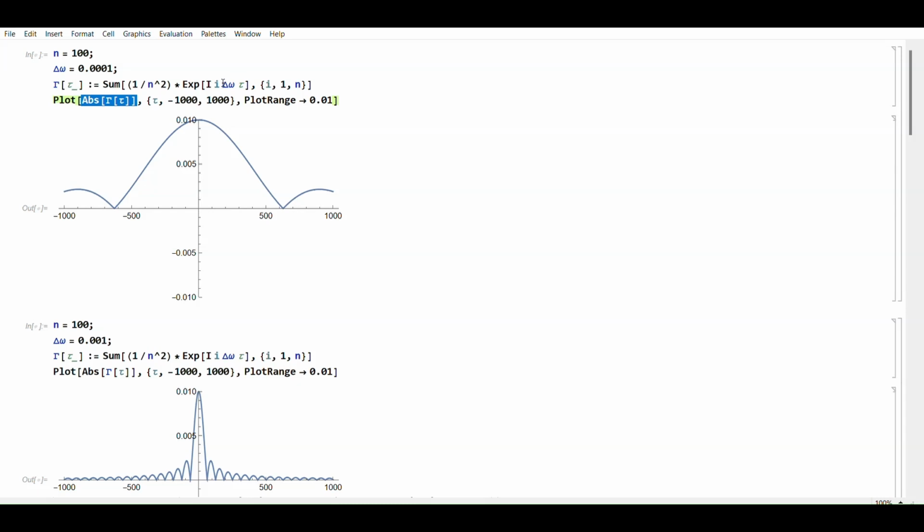So that is what I have over here, and mod a_n squared, we are given in our example as 1 over n squared, which is fixed. So it's a fixed number, and then we have exponential i omega_n tau, and omega_n we have is basically n delta omega.